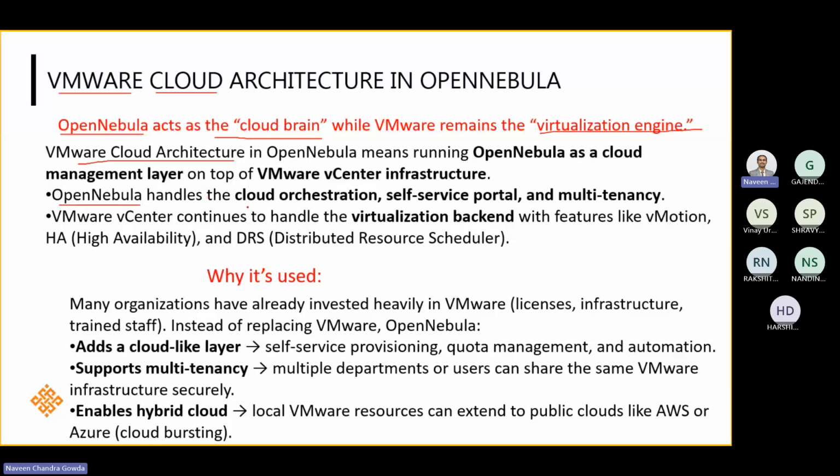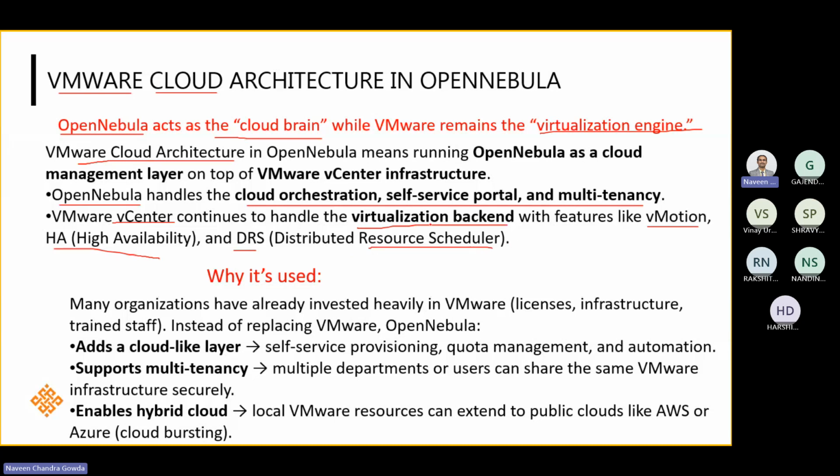Whereas you have VMware vCenter, which manages your virtualization and handles the virtualization backend. There are different virtualization operations, such as vMotion for moving a VM from one hypervisor to another for balancing the load, high availability, and DRS, the distributed resource scheduler.